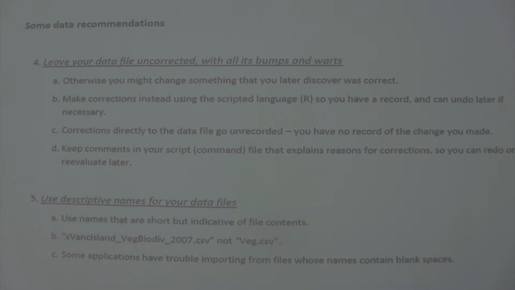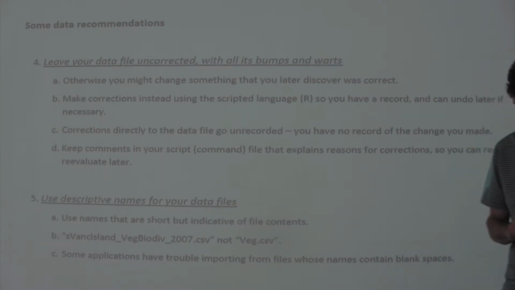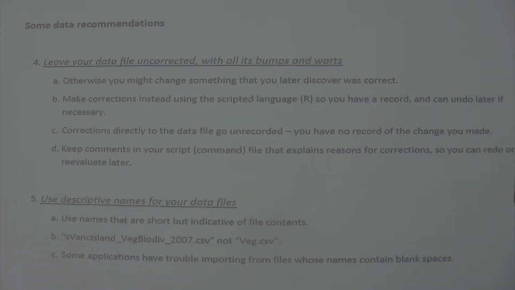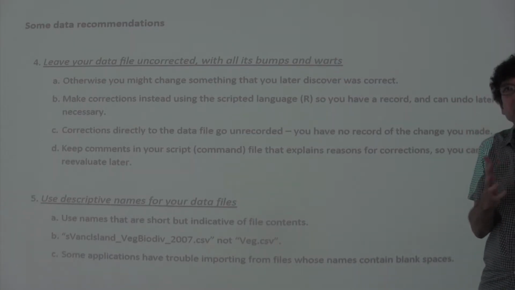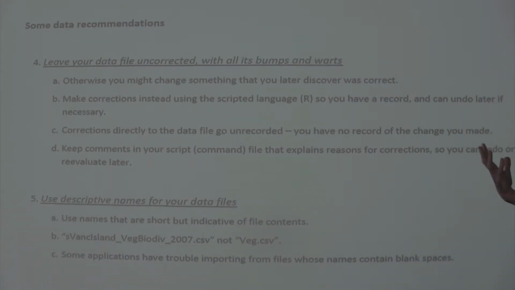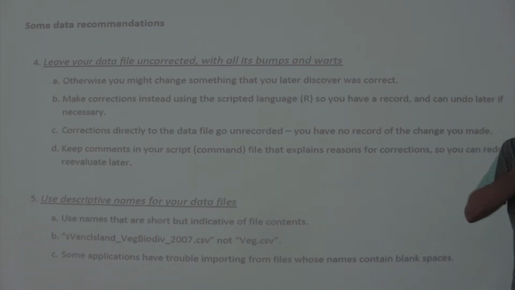So here's something maybe a little less intuitive: once you've entered your data, it might have mistakes in it. Keep it that way, because you might make a change. Oh, this was supposed to be centimeters or something like that. Tomorrow you realize, oh, damn, no, there was a different reason why that was an outlier. It wasn't just a conversion problem. But now you forget which element it was that you changed.